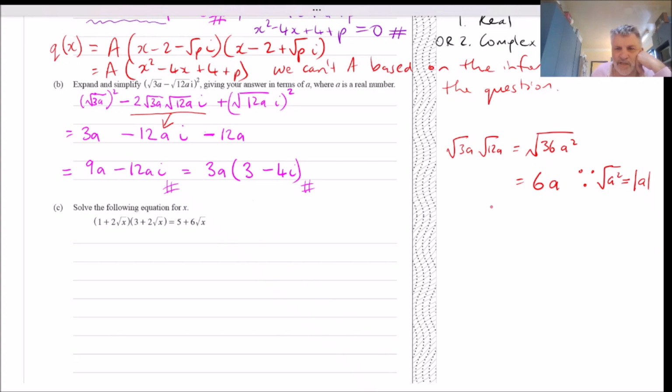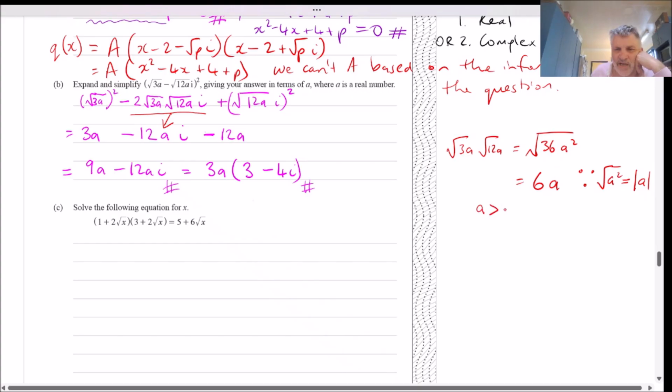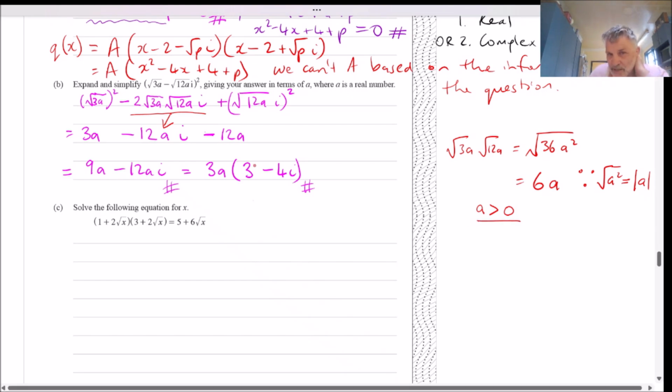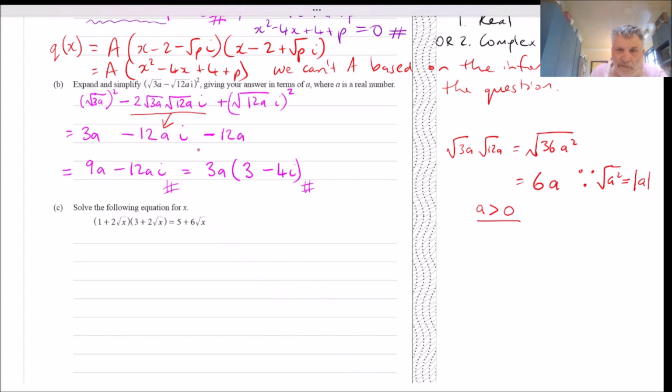But as I said, this algebra is technically only true when a is bigger than 0. So really, we need to do some more work, but there's so few lines and so much work to do. So I think this is okay.